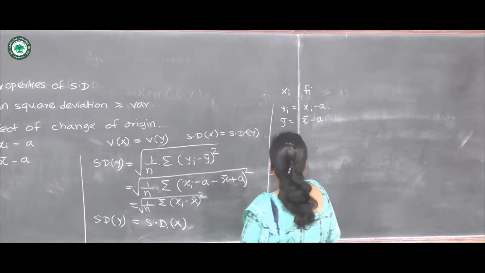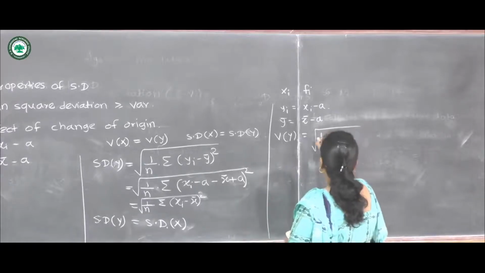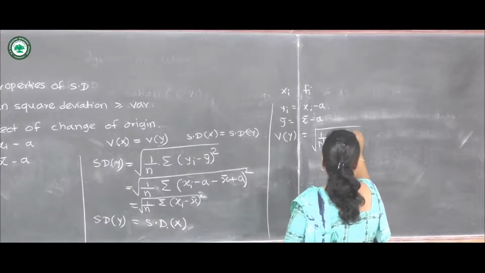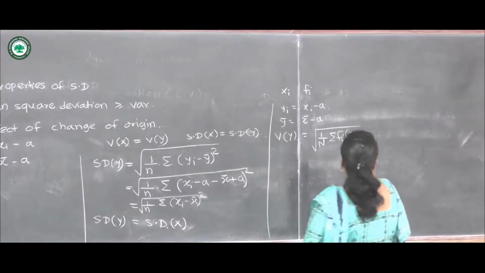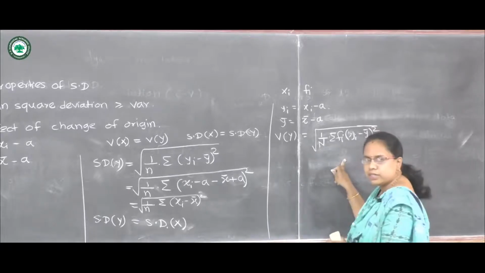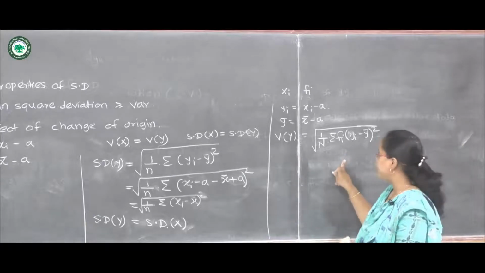Then from the formula of variance of y, we have 1 upon capital N into summation of fi into (yi minus y bar) whole square. So here I have written the definition of variance for grouped data.